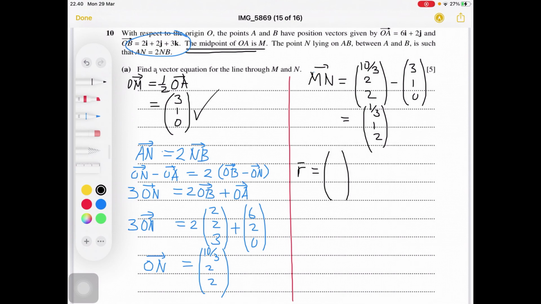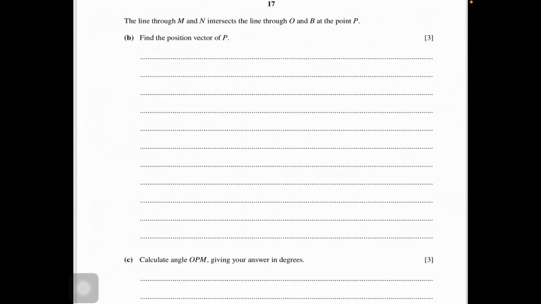We can use point M or N. This one point on the line (3, 1, 0) plus the parameter lambda times the direction (1/3, 1, 2).